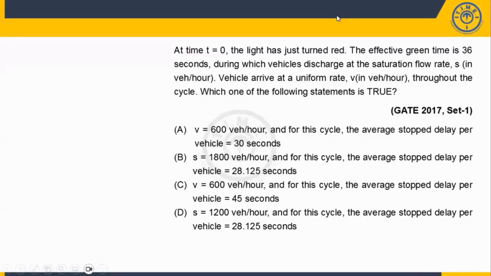Okay, let's do this. Read this question and try to do this. Take a couple of minutes.